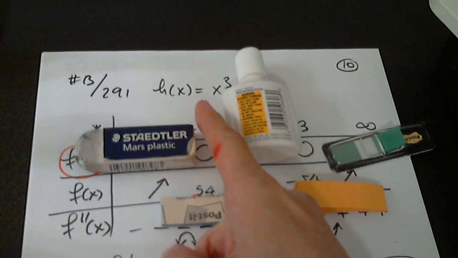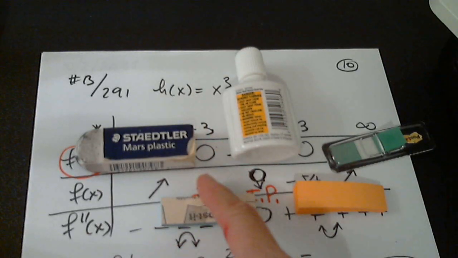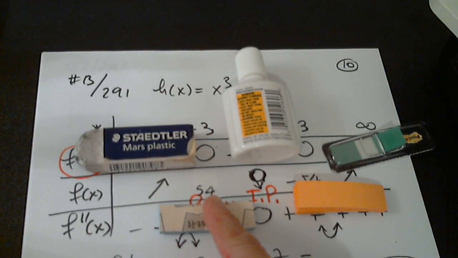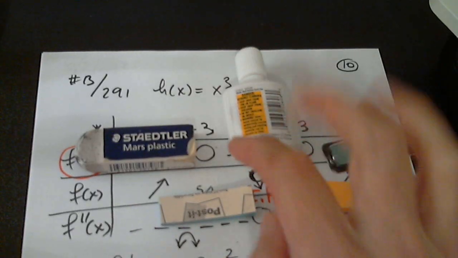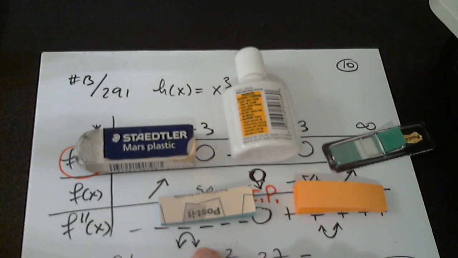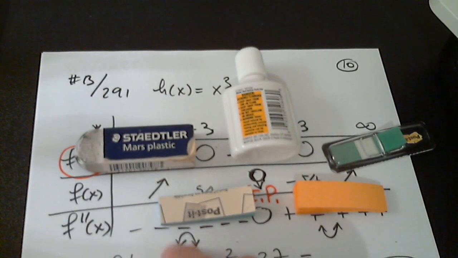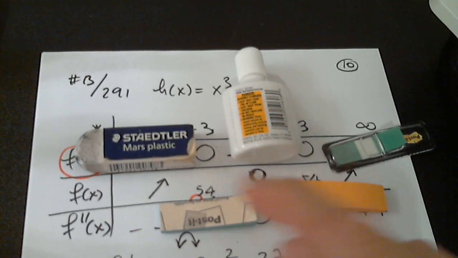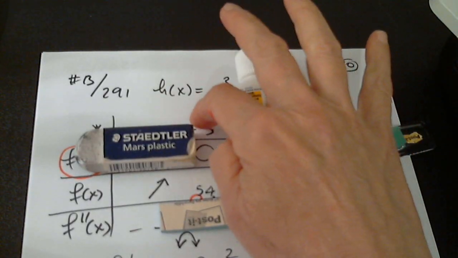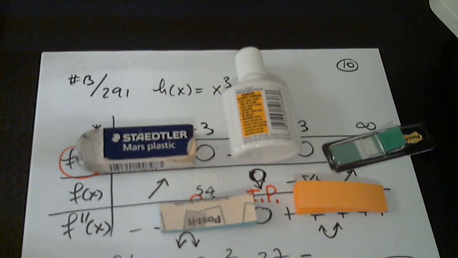So we have a critical number, negative 3. The function value is 54. And I know that this is a critical number, and I also know that in this interval, where the critical number is, the function looks like this. My question is, what type of point can negative 3 comma 54 be?